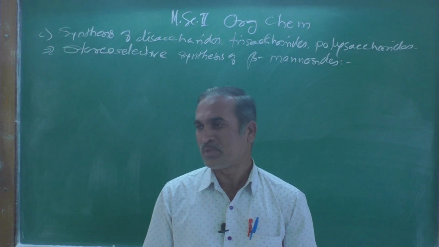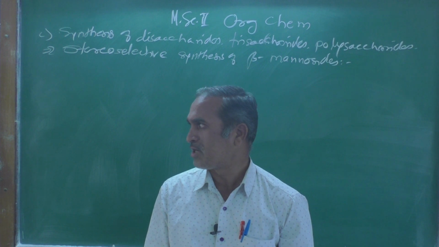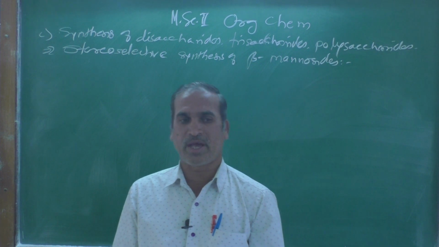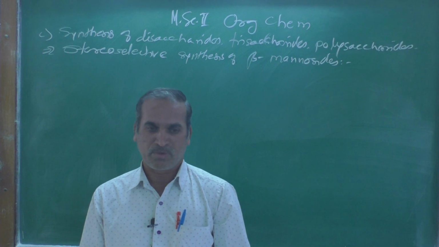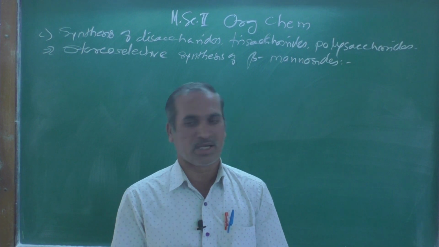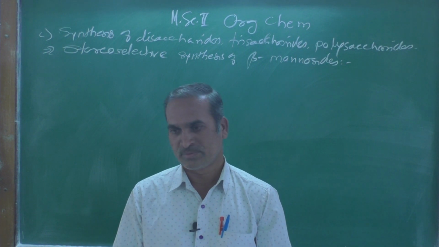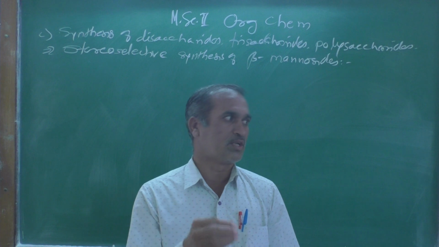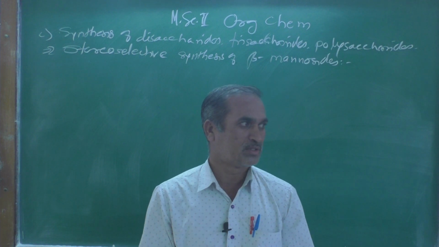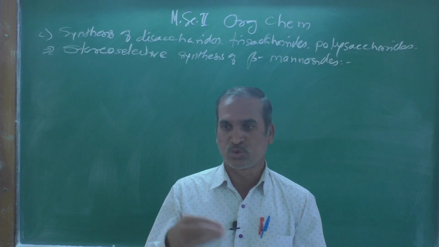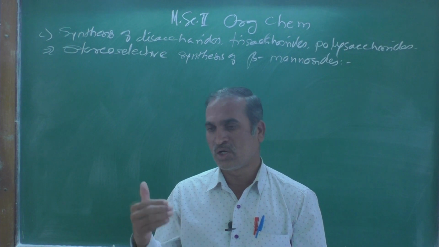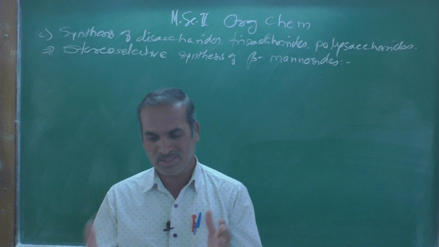That type of compound is called a carbohydrate, or the other way around, we can define carbohydrates as polyhydroxy aldehydes or ketones, or compounds that give rise to a sugar unit on hydrolysis.